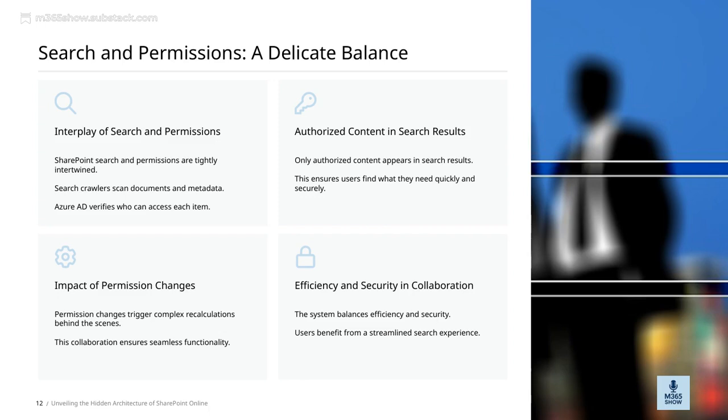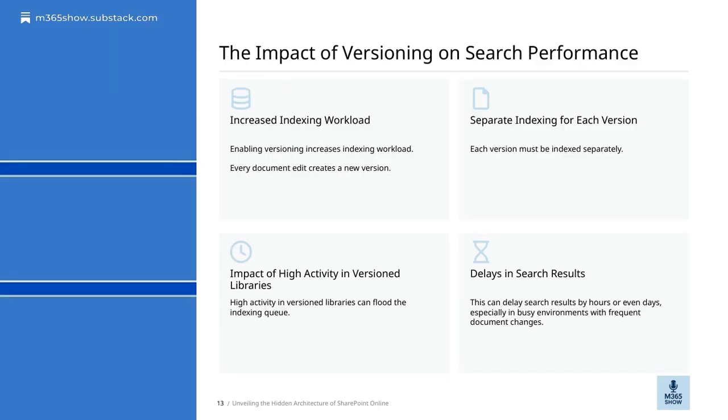Search crawlers scan through documents and metadata regularly, building index data, while Azure Active Directory verifies who can access each item. This tight integration ensures that search results are accurate and secure, reinforcing the overall theme of balanced efficiency and security in collaboration.